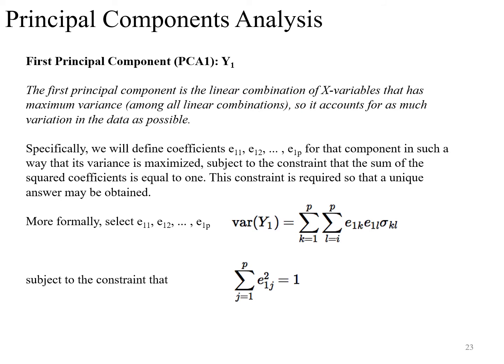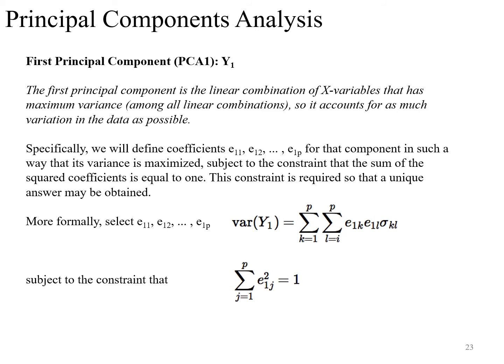Now, the way we actually come up with these coefficients is through the use of something called the spectral decomposition theorem. We're not going to go into that, thank goodness. We're more concerned with the properties of each one of the principal components. So the first principal component is the linear combination of x variables that has maximum variance among all linear combinations, so it accounts for as much variation in the data as possible.